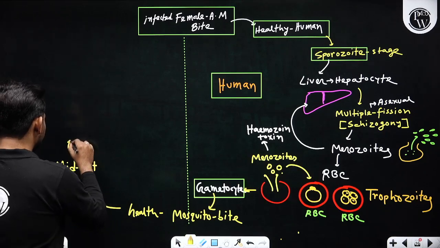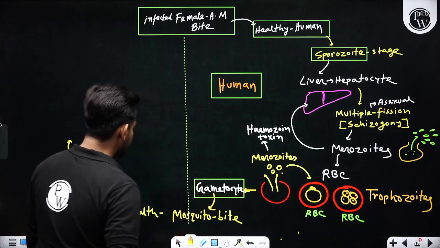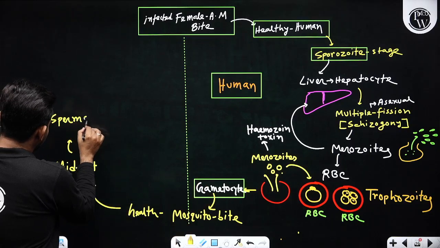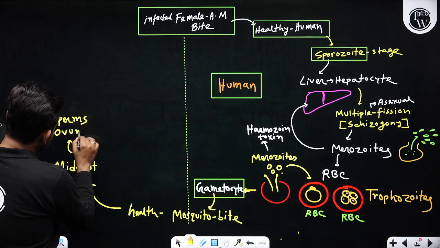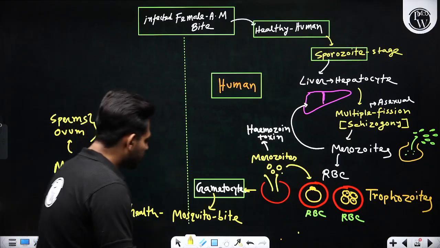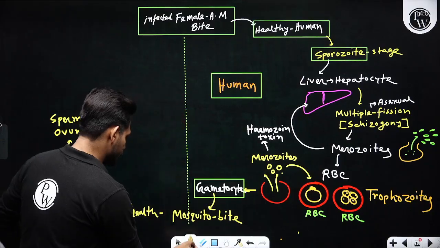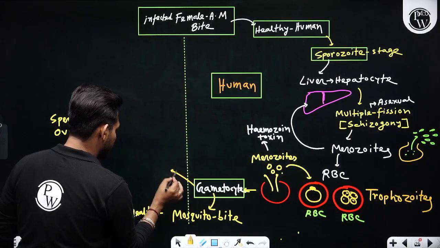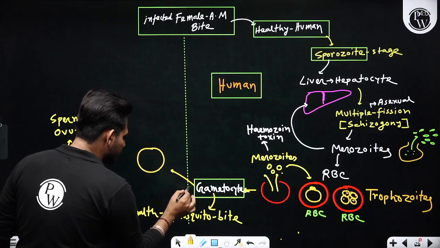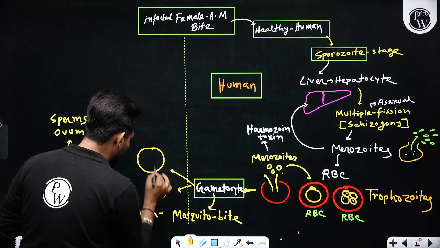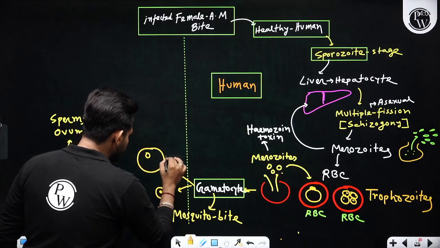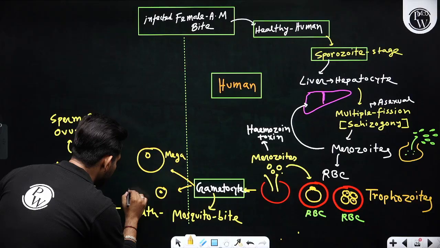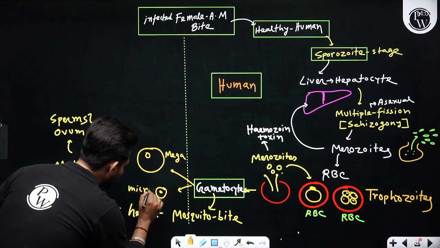Now inside the midgut, the gametocytes will give rise to sperms and ovum. Basically there will be two types of gametocytes. A few gametocytes are large, a few gametocytes are small. So large gametocytes are called megagametocytes, smaller gametocytes are called microgametocytes.